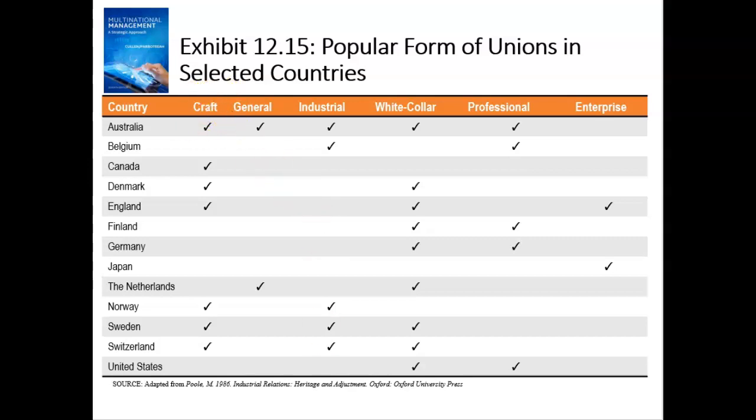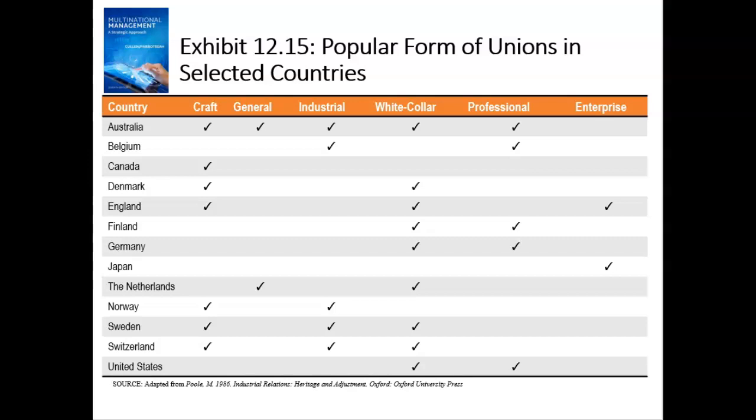Craft unions represent people from one occupational group, such as plumbers or electricians, and those exist in many countries around the world. Industrial unions represent all people in a particular industry, regardless of occupational type. Those exist in Australia, Belgium, and other EU countries. A local union might represent one occupational group in a particular country. An ideological union represents all types of workers based on some particular ideology or religious orientation.